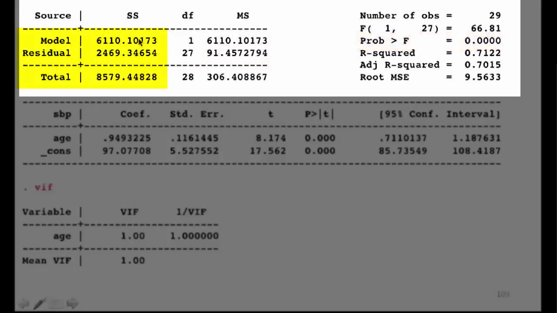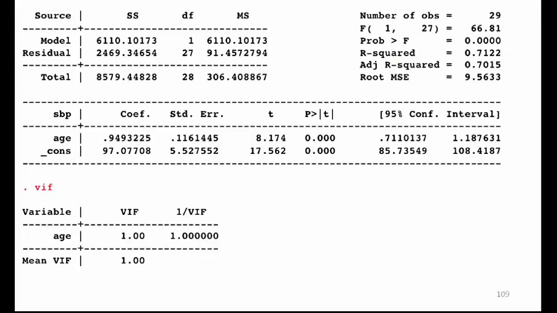Notice that r squared, which again is the sums of squares due regression over the total sums of squares, is 71.22%. So 71% of the variability in blood pressure can be explained by age alone for these 29 individuals that are left in the data set after I threw out the one person whose blood pressure was 220.